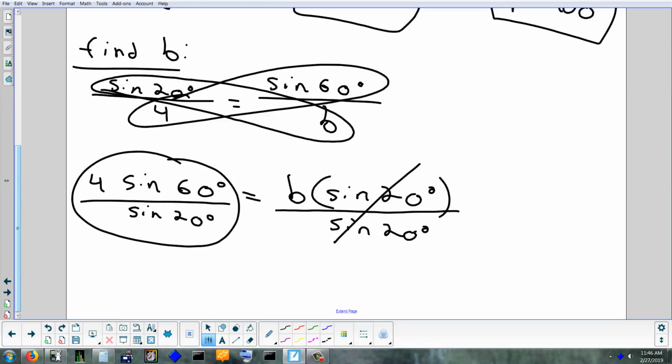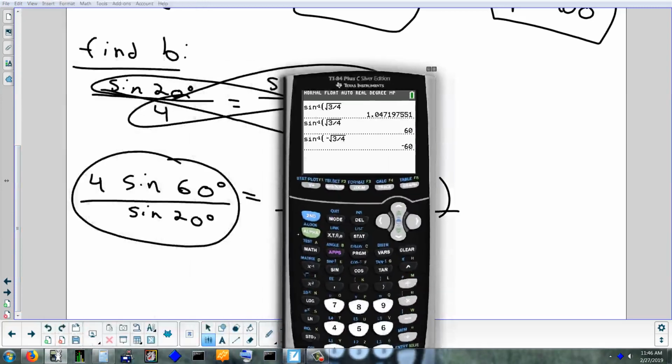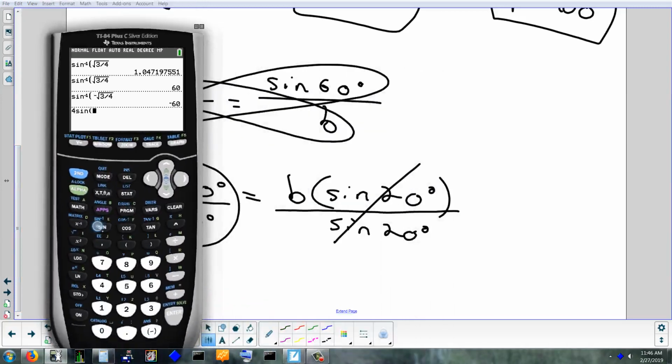Any question on how we cross multiply there? All right, so now let's see what we get. First, make sure you're in degrees, which I am. 4 sine 60. Close parenthesis, divided by sine 20.